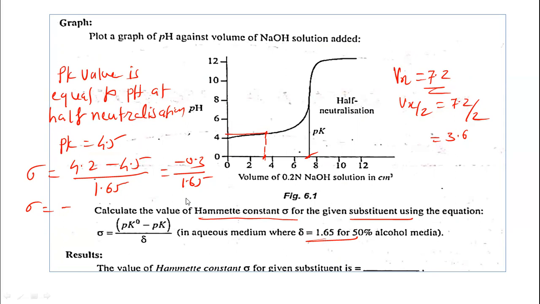By preparing the solution of that particular substituted benzoic acid, later on we plot the graph, and with the help of the graph we can determine the pK value. pK0 is the value for benzoic acid, and that value should be given here. We just have to determine the pK value by plotting the graph, so that becomes very simple. In this way we can determine the Hammett constant for that particular substituted benzoic acid solution.